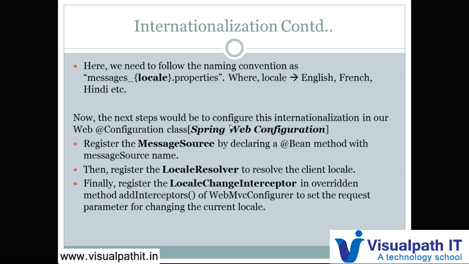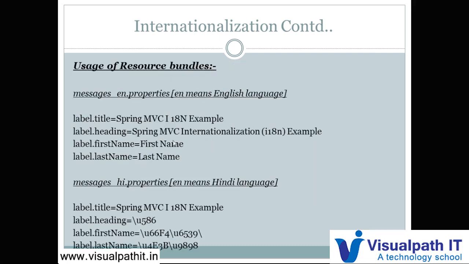This is the naming convention used in the resource bundle properties files. Here, label.title has its name, label.heading has the internationalization example, label.firstname has the first name, and label.lastname has the last name.